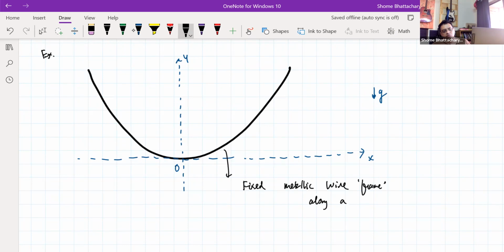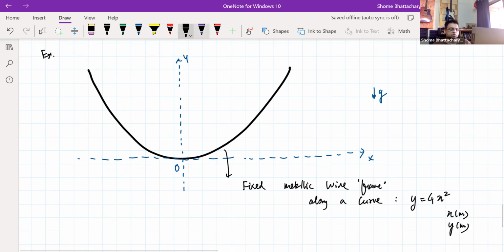Along a curve, which is given by the equation y equal to 4x squared, where x is in meters and y is in meters.